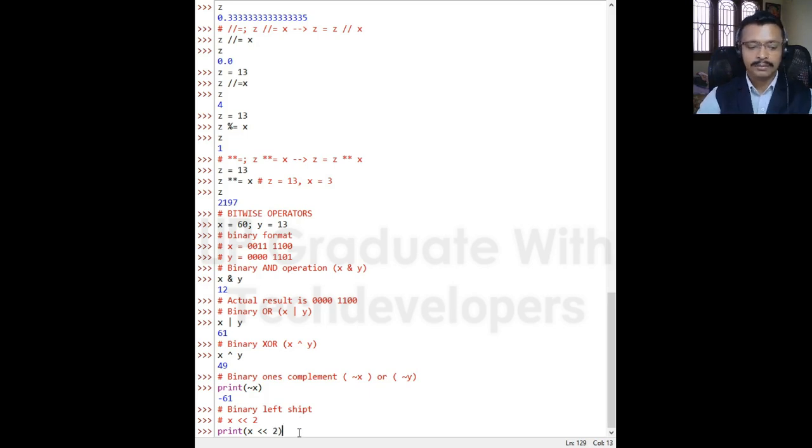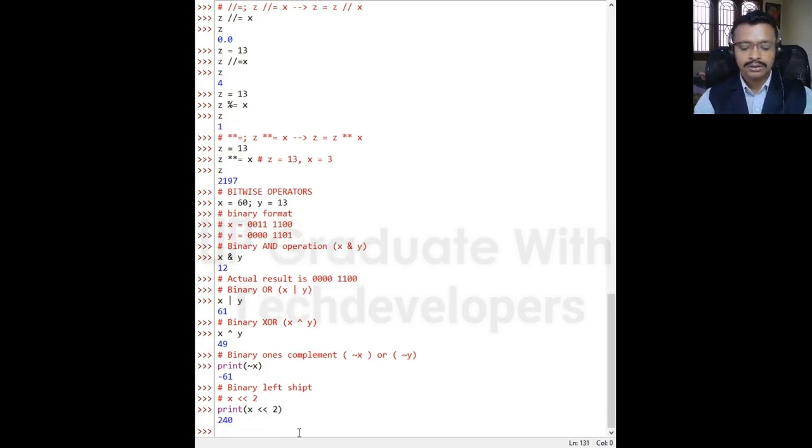Let us see what happens. So it results in the decimal value 240. So we need to convert this into an equivalent binary form. If we convert this into an equivalent binary form, we will get 111100.